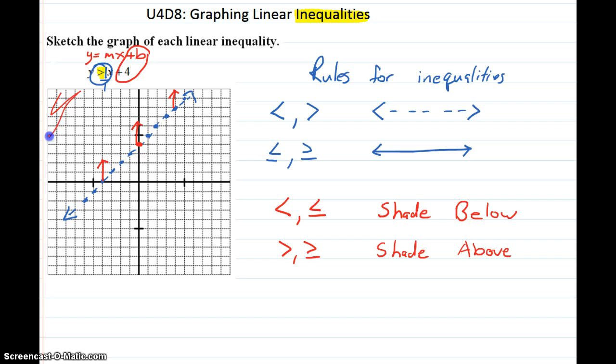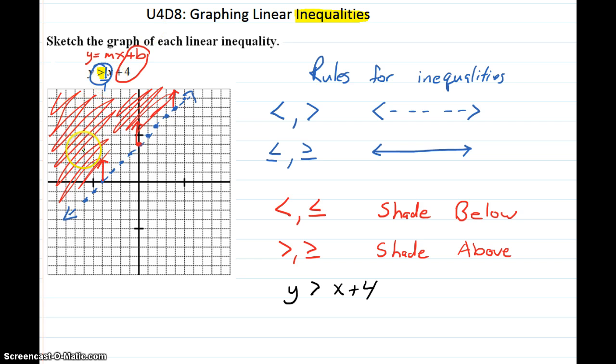And so we just quickly shade like so. And so this graph represents all the possible solutions. So if we go back and look at our equation, y is greater than x plus 4, and we randomly pick a dot, any point.